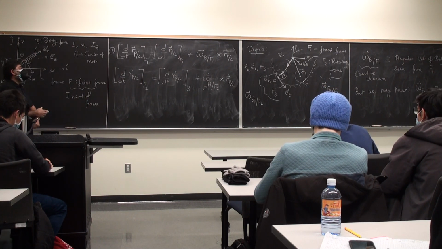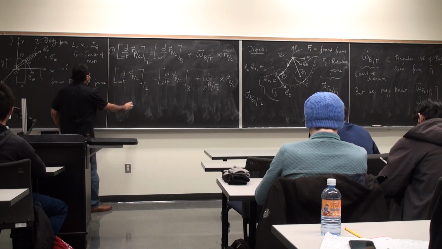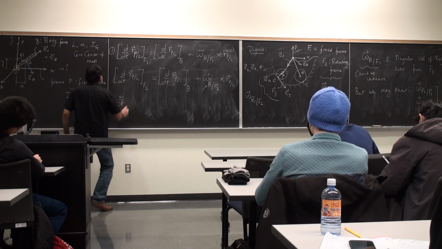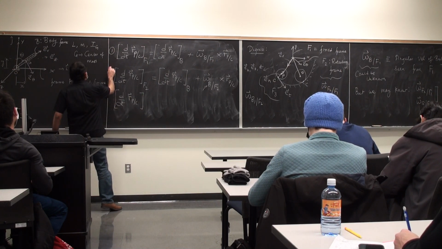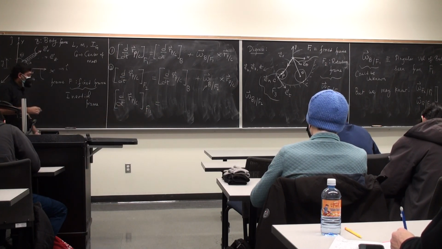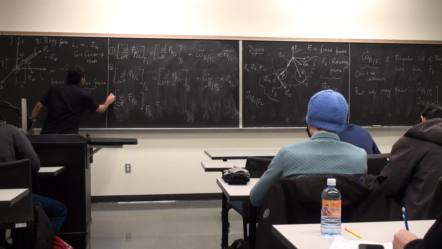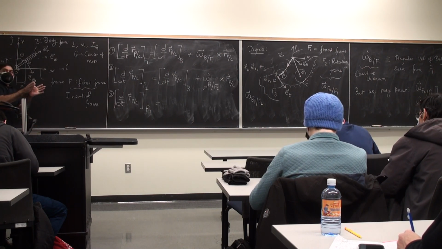What could the last term be? I could do it in the following manner. So d by dt of r, so this is 2, with respect to F1, so this is 3. Now suppose I am using the frame F2.